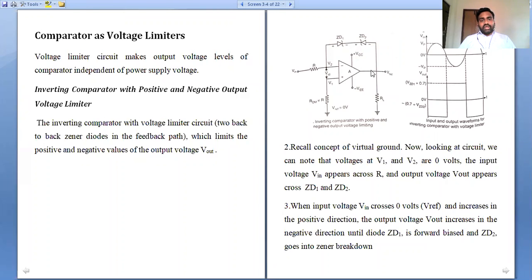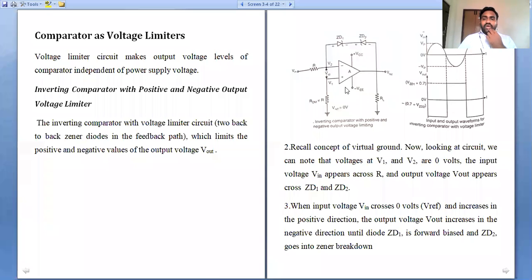Our main objective in the concept of voltage limiter is that it makes the output voltage independent of supply voltage or input voltage. Output voltage is independent of input voltage here. That is the concept of voltage limiter.